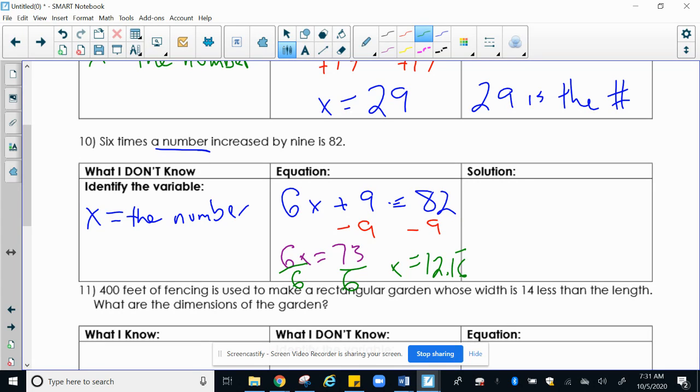So our solution, say x equals 12.16 repeating. 12.16 repeating is the number.